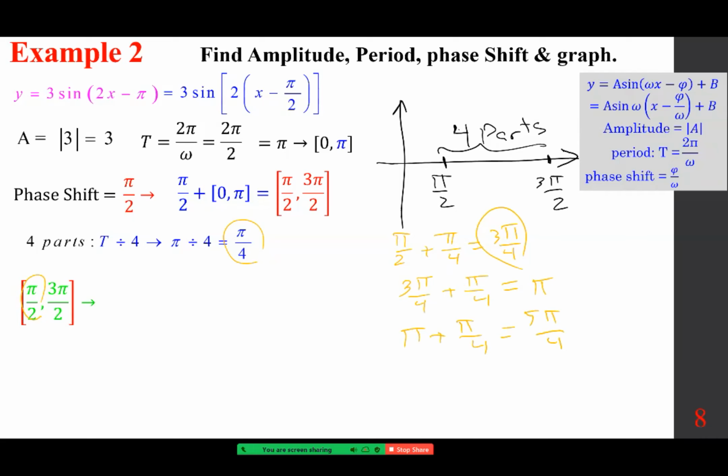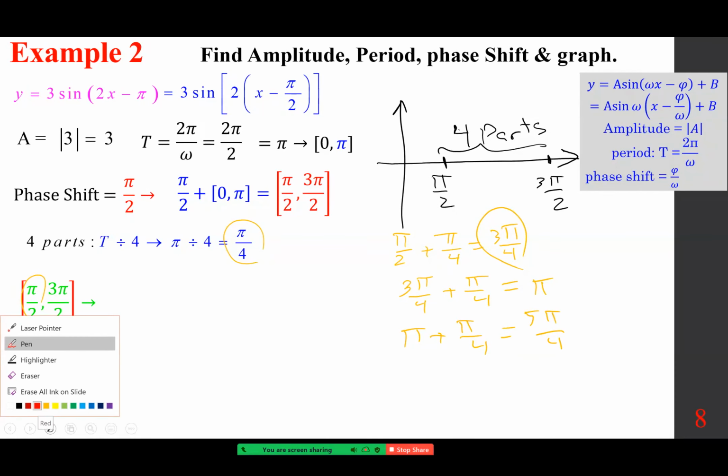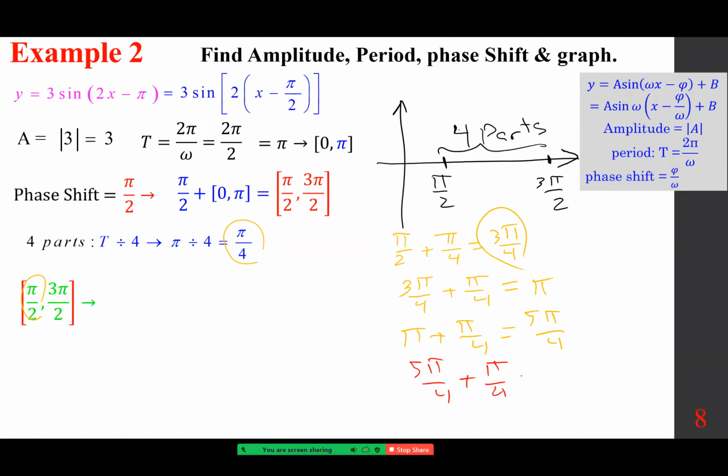If I add another pi over 4, I get 6 pi over 4 or 3 pi over 2, which is this last number anyways. So we have the endpoints, the first one and the last one. We want 3 more in between.